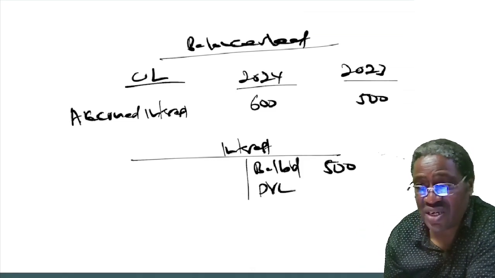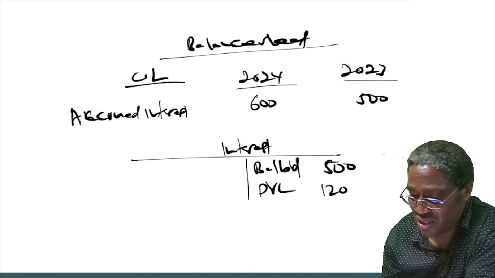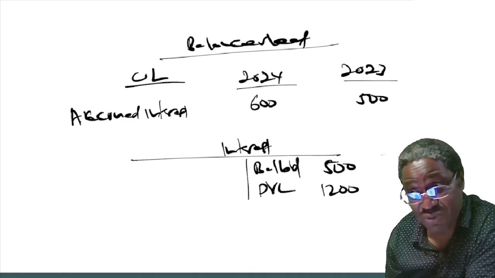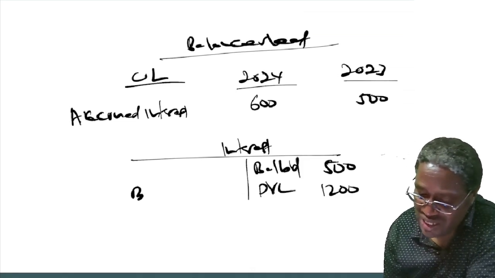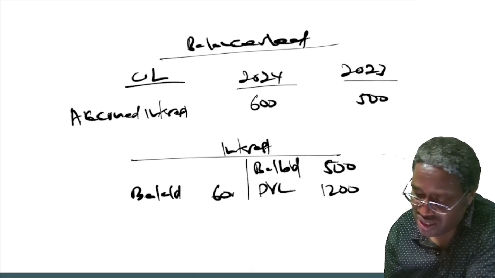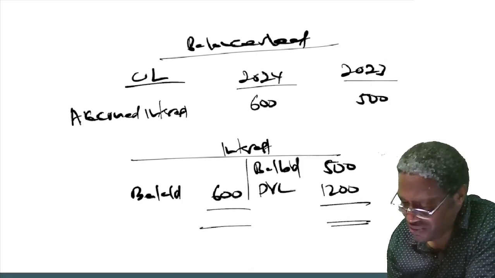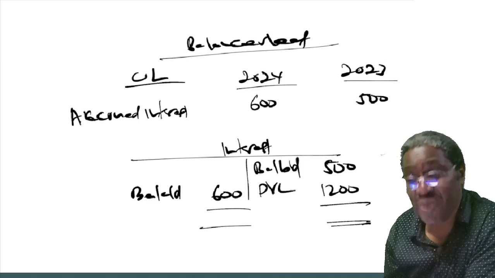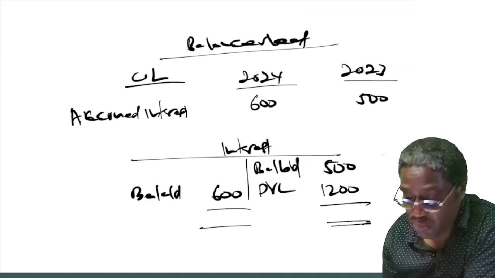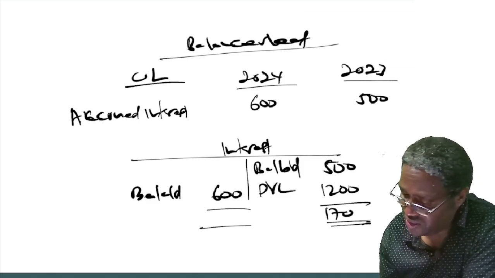Automatically, it means you would have credited this account, 1,200, with the charge for the year. Then you would have carried down the balance by the end of this year, which in our illustration here is 600. Then automatically, the balancing figure is what you must have paid. That's how you determine the amount paid.